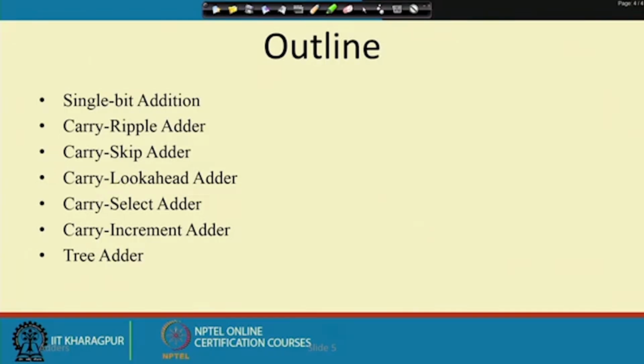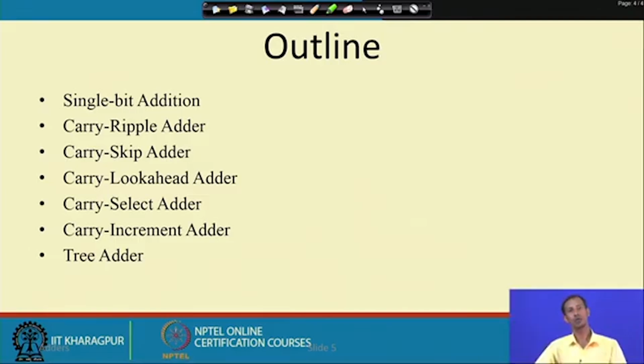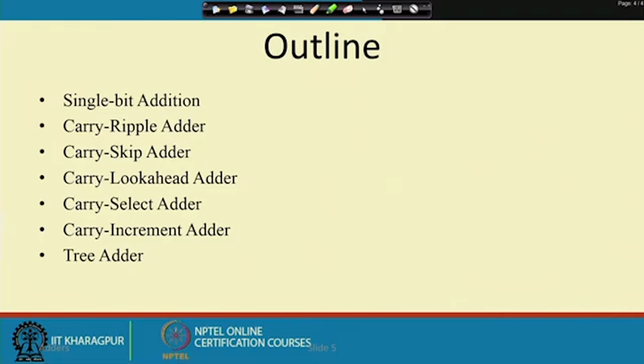Then there is the carry look ahead adder, along with another adder which is the carry skip adder, then carry select adder, carry save adder, carry increment adder, tree adder, then conditional sum adder. So, there are so many topologies or techniques for implementing this single addition operation, which is nothing but addition of two numbers basically.